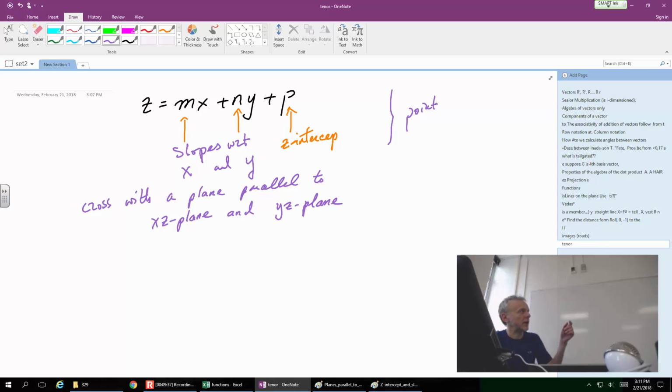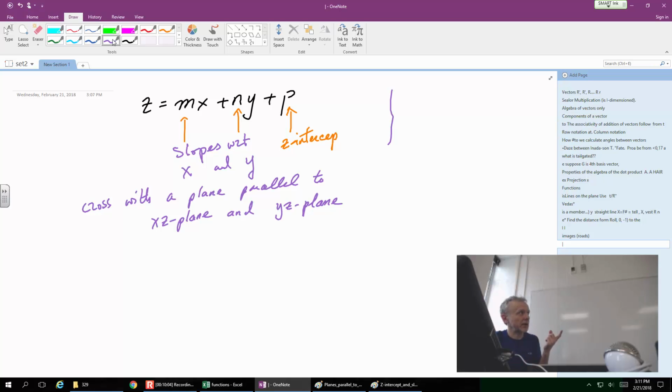No, this is the z-intercept slope form. That's what it is. So remember, I'm trying to refer back to the one-dimensional situation, where we had two ways to represent lines. The main ones: slope y-intercept, and the point slope form.